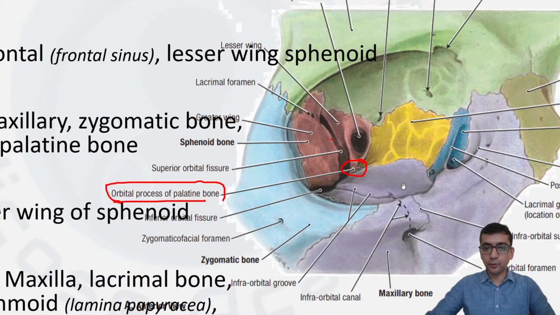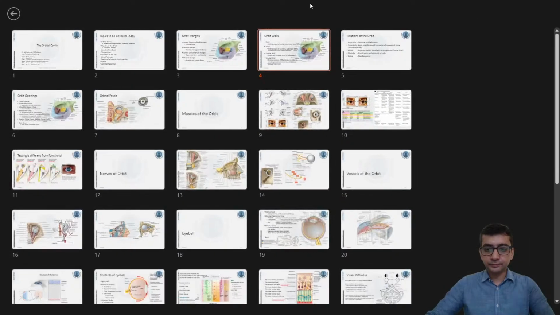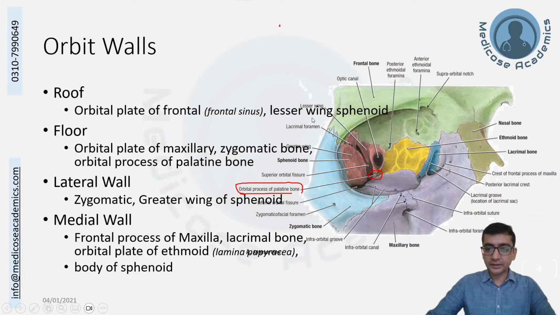So there are three bones making the floor of the orbit. The major component will be the maxillary bone. On the lateral aspect, the lesser will be the zygomatic bone, and on the back, there will be a very small process of the orbital plate of the palatine bone.